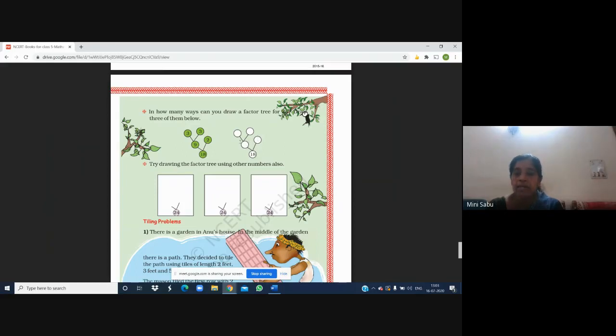Then 6 we can split again as 2 into 3. It is your choice. If you want, you can write 3 here and 2 here, otherwise 2 here and 3 here. There is no rule, you can write as you like. So 2 and 3 are prime numbers. Here already 3 is here. So how many threes are there? 3, 3 and 2. Here also see 3, 3 and 2.